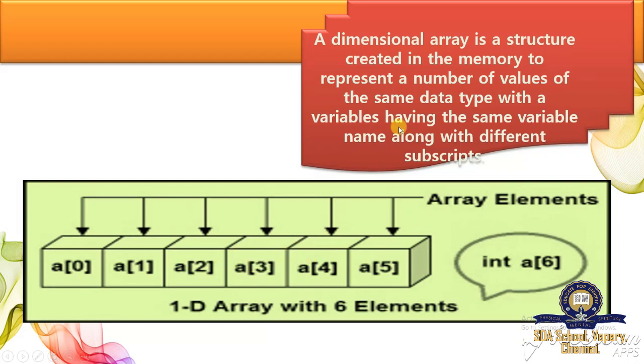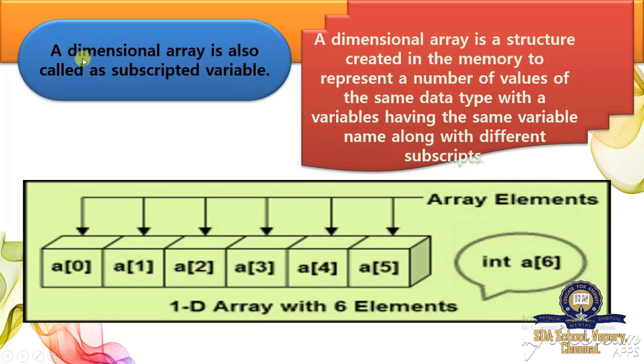This is called a dimensional array. A dimensional array is also called a subscripted variable because the variable name is the same but the subscript is different. We can find the elements with their subscript number. This is about arrays.